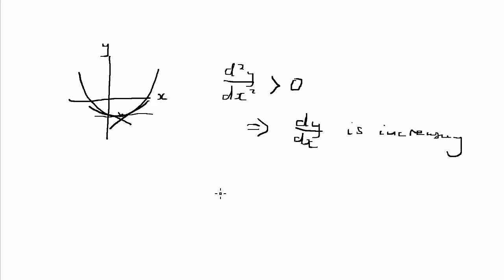And similarly, if you had a second derivative which was less than 0, that must mean that the first derivative, dy dx itself, is decreasing.